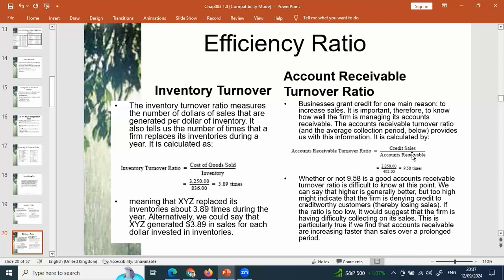So let's see. Listen to me. In a year, the total goods sold is 3,250. Total goods sold, total product sold.